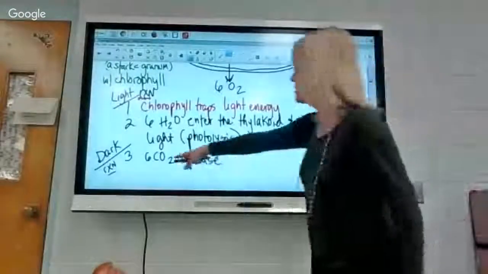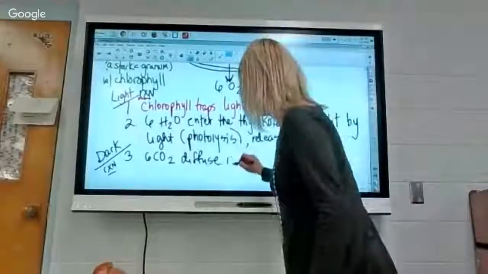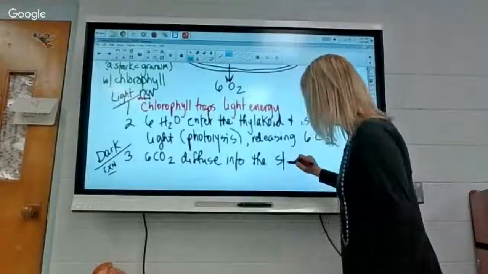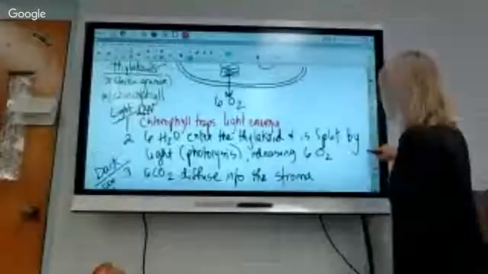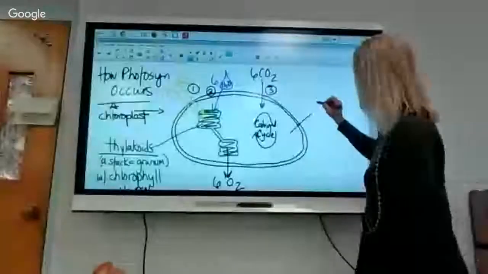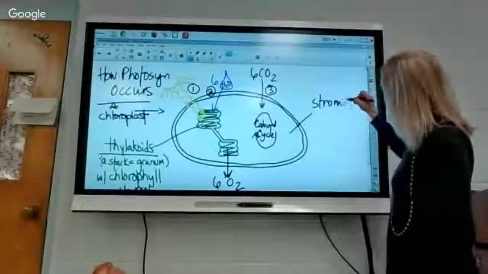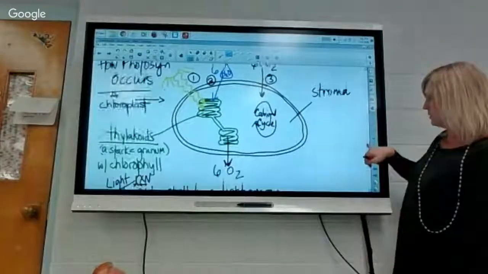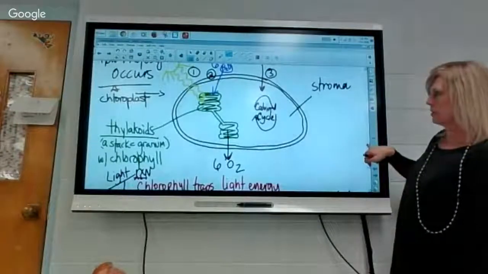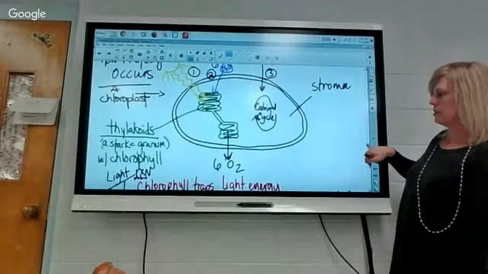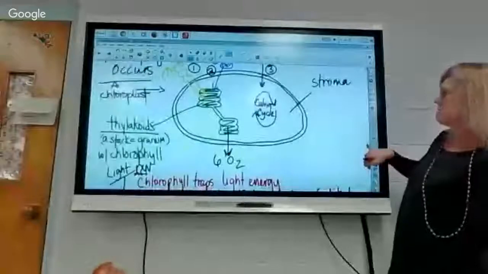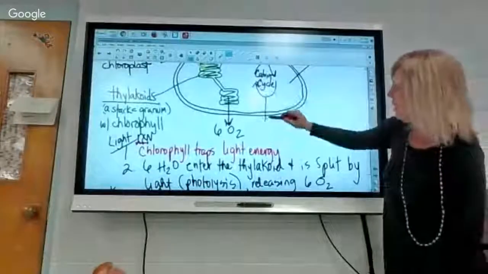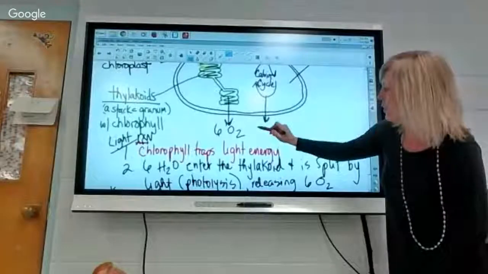So, 6 CO2 diffuse into the stroma where the dark reaction takes place. Okay, so that's this. And it's going to produce 1 glucose.